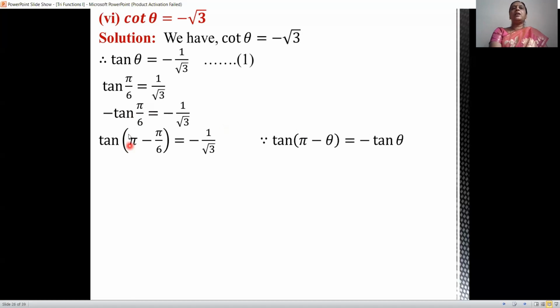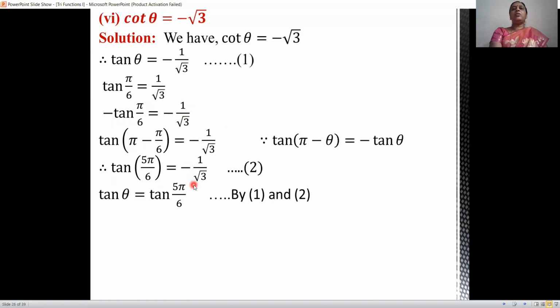After simplification, this will be tan 5 pi by 6 is equal to minus 1 by root 3. Again compare equation first and second, they have the same right hand side. Therefore, equating the left hand sides, we will get tan theta is equal to tan 5 pi by 6 from equations 1 and 2.